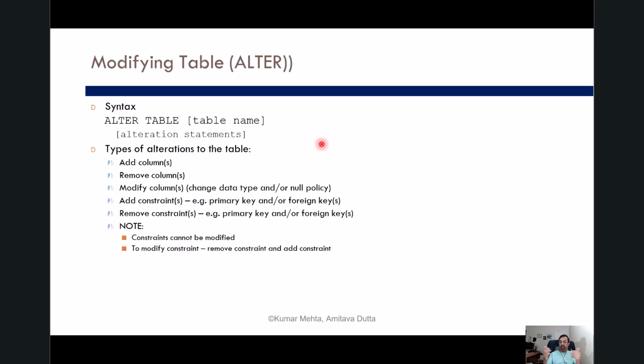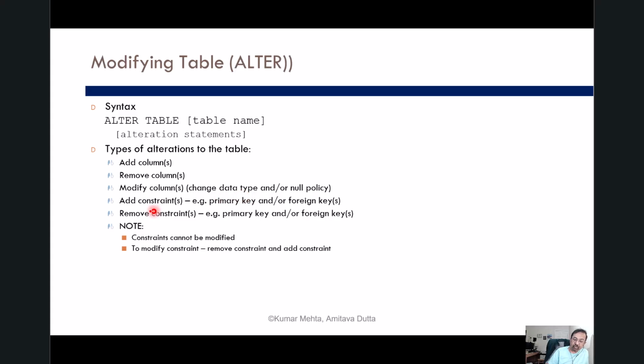So the kinds of alterations you can do to a table are: you can add columns, you can remove columns, and you can modify some aspects of a column. For instance, you could change the data type and or the null policy. If you have a column which says null is allowed, you might change it to not null, but that has consequences. So the null policy and the data type of a column can be changed.